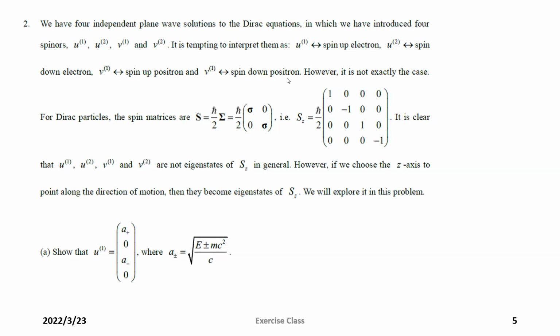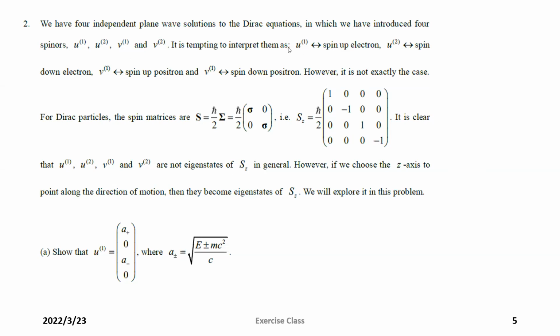and v2 as spin down positron. But actually, the 4 spinors do not have a definite spin, because when we apply the spin matrix onto these 4 spinors, we can easily prove that in general they are not eigenstates.